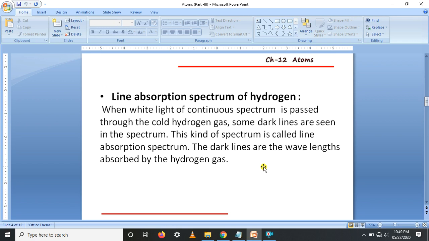The cold hydrogen gas absorbs those wavelengths, hence the name absorption spectrum. And the dark lines are the wavelengths absorbed by the hydrogen gas. So that is the line absorption spectrum of hydrogen atom.